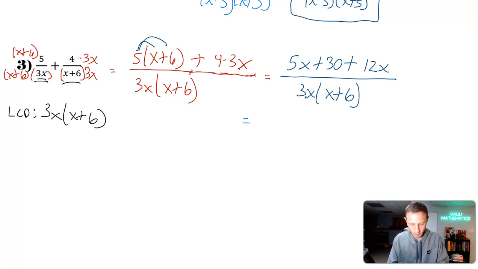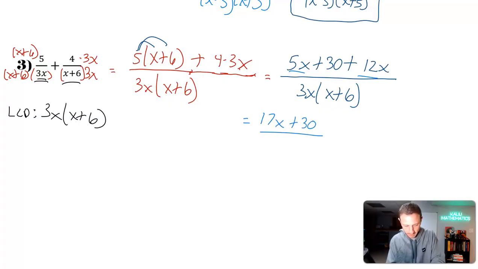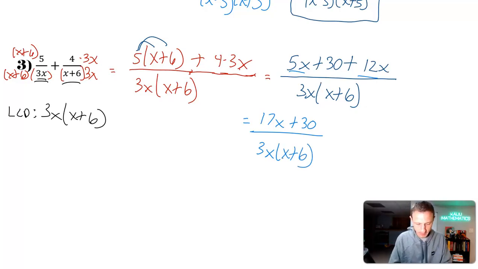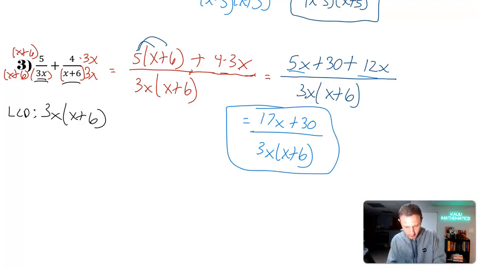So then now what can we do? We can combine like terms. 5x plus 12x is 17x plus 30 over 3x times x plus 6. And I don't have any sort of simplifying that I could do here because we just have that 17x plus 30, 3x times x plus 6, so nothing to simplify. So then that one would be done.